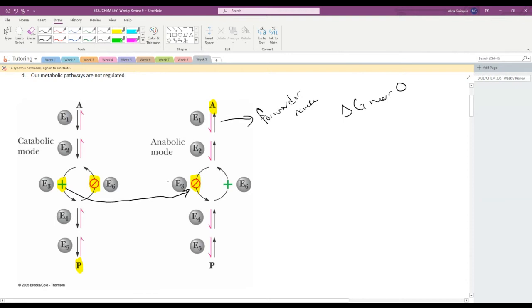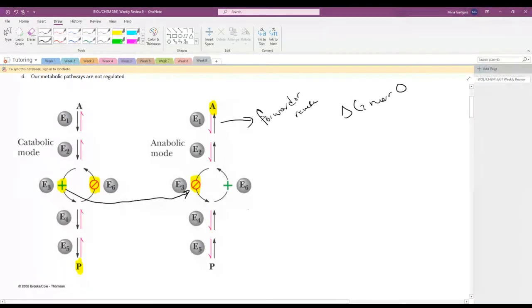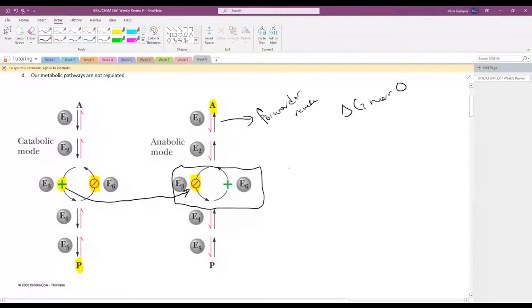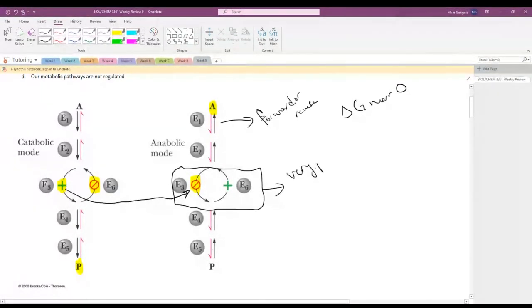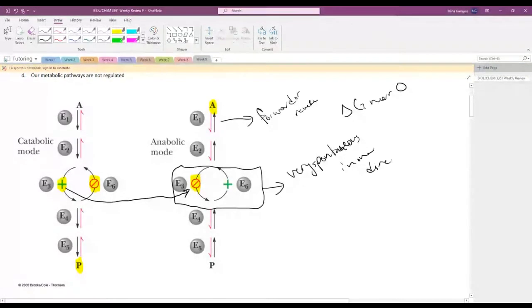Because of that, the forward and reverse reactions catalyzed by E3 and E6 tend to be very spontaneous in one direction, and not so spontaneous in the other. And so we need a different enzyme to catalyze the reverse reaction. But because we have a different enzyme to catalyze that reaction, that opens the door and allows us to also regulate that reaction. Okay.